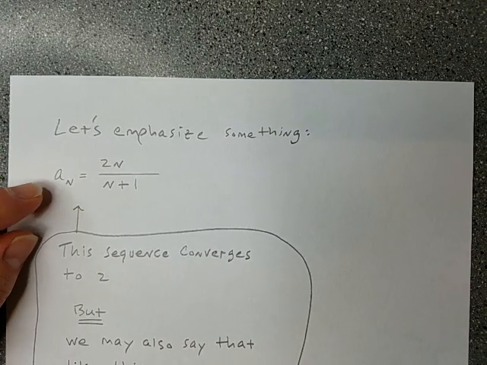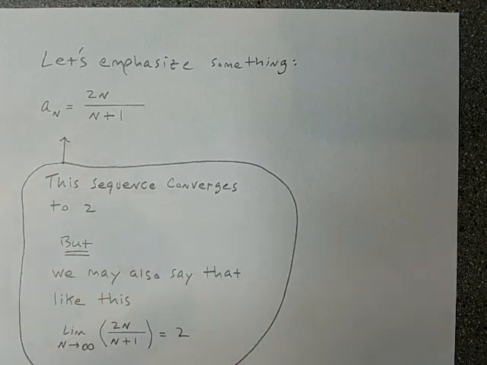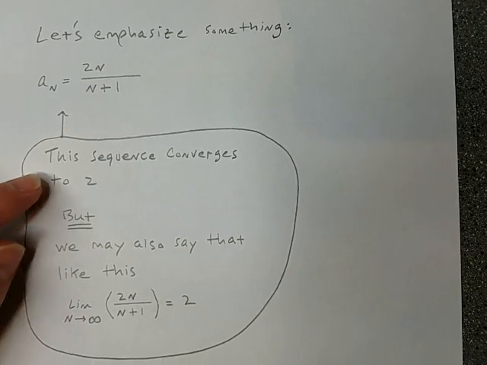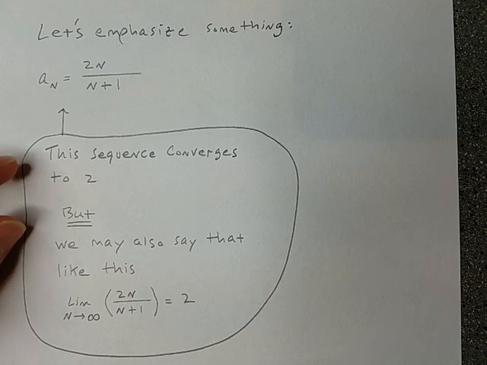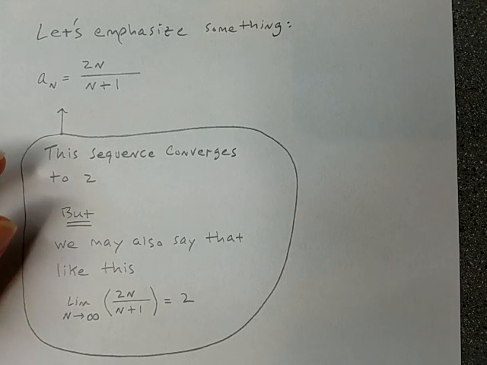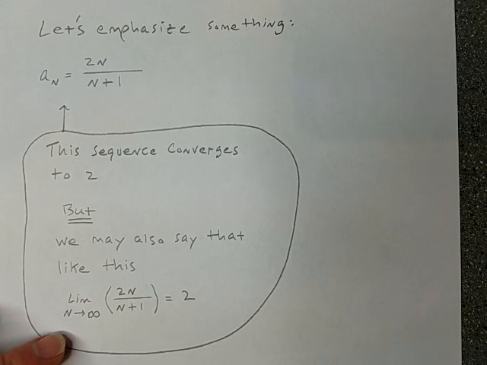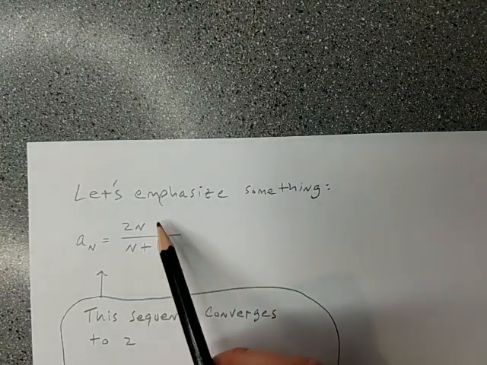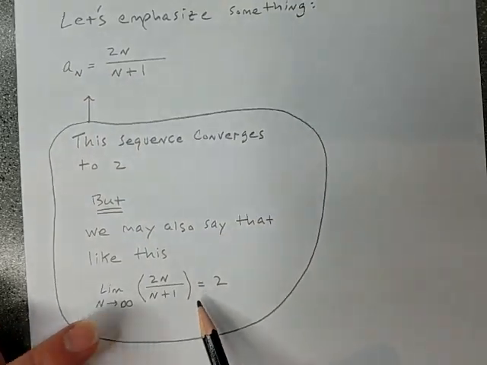So there's the sequence I was just talking about. And I showed you that picture. I plotted the actual terms of the sequence on a graph so we could see them. And we said the sequence converges to 2. We may also say the same idea this way: the limit as n goes to infinity of this is 2.